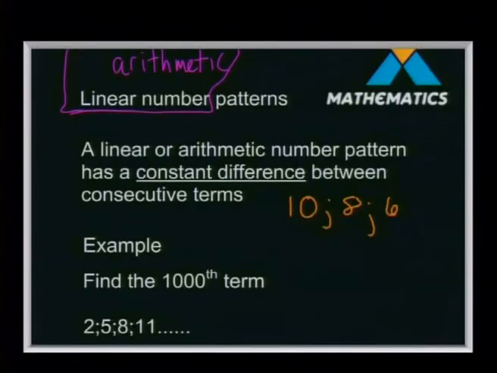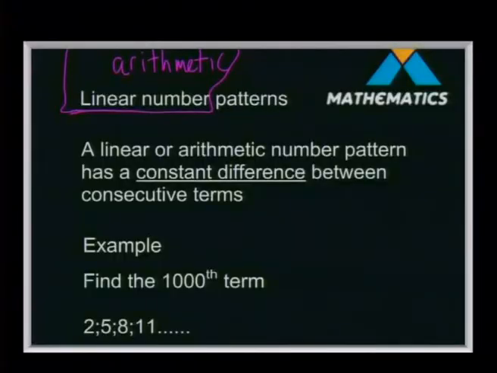Otherwise, finding the 1000th term we might not do that correctly. So let's have a look. From 2 to 5, I add 3. From 5 to 8, I add 3. From 8 to 11, I add 3. So definitely, I can say that this number pattern is linear or arithmetic. Very important. First, establish what you are dealing with.